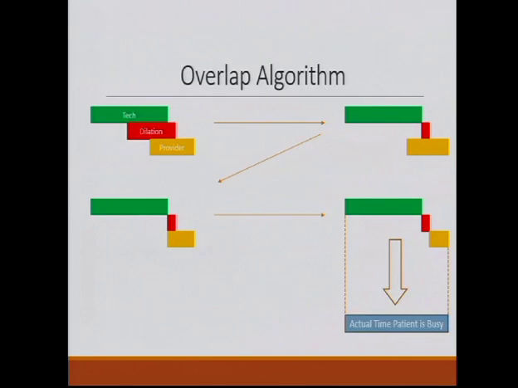Why is it necessary to slice out the dilation in the middle, if your goal is to get the actual time the patient is busy? Why not take the earliest start time and the latest end time and be done with any in-between details?